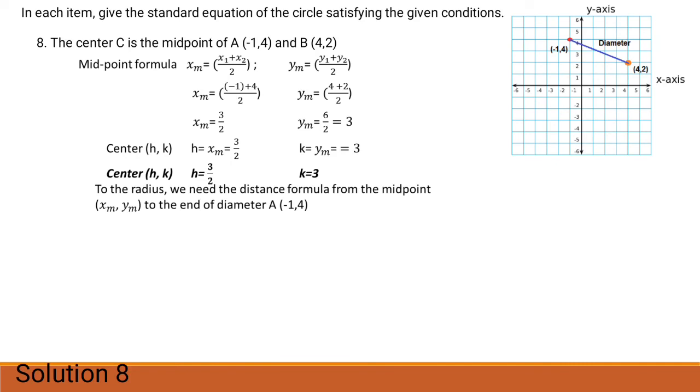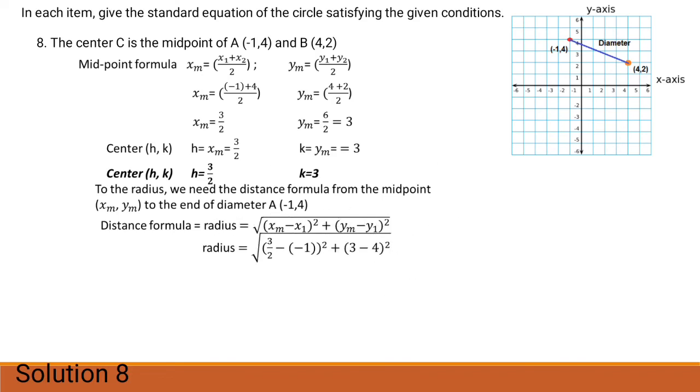Also, we need to get the radius, and we need the distance formula from the midpoint to the end of the diameter, A. The distance formula is given by the square root of (x_m - x_1)^2 + (y_m - y_1)^2.